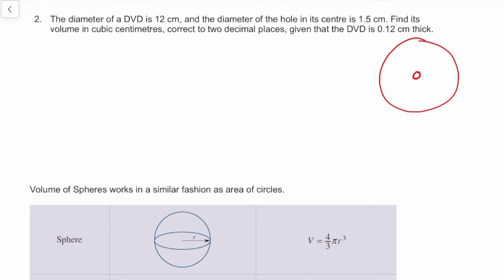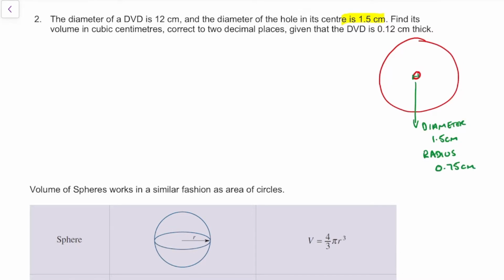Now the diameter of this hole has been given to us as 1.5 centimeters. We want the radius though. So what will the radius be? The radius is half of 1.5, so therefore the radius is 0.75 centimeters.